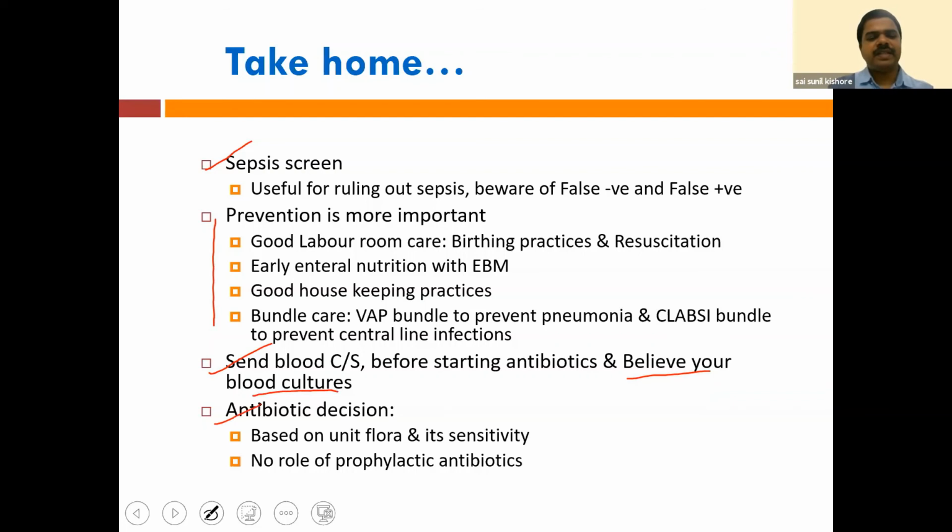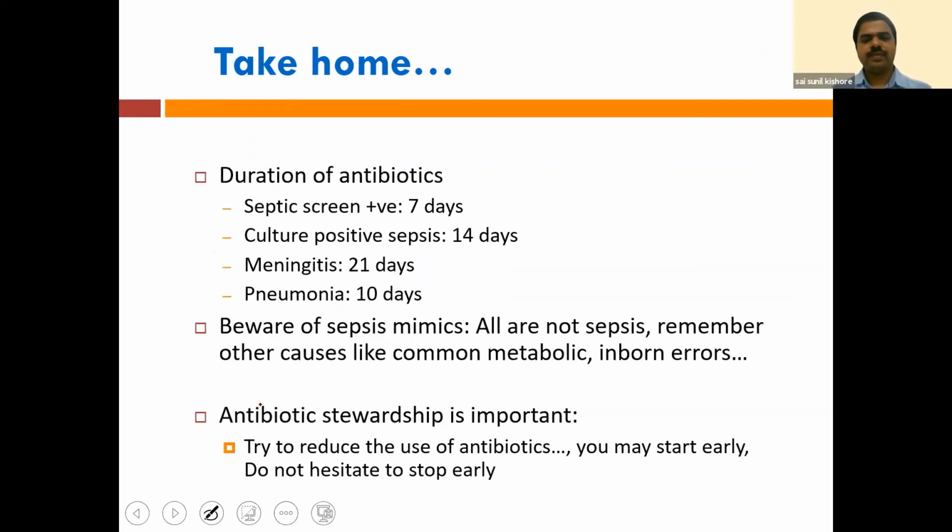Antibiotic decision is based on the unit flora as well as its sensitivity, and there is no role of any prophylactic antibiotics, and there are many situations where you can really avoid antibiotics. Duration of antibiotics: septic screen positive 7 days, culture positive 14 days, meningitis 21 days, and pneumonia 10 days. And it's not always about bacterial sepsis.